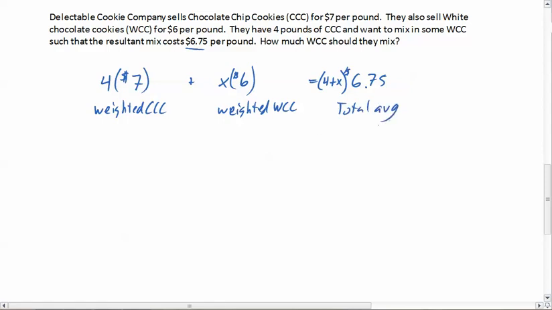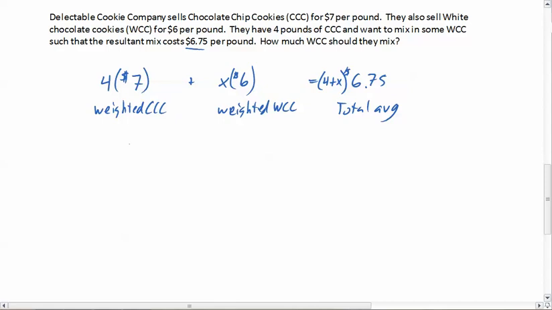The total average comes from the total amount of cookies times the average cost. The weighted chocolate chip cookies come from its weight times its cost. We put all those together, and we're hopefully going to get the answer.